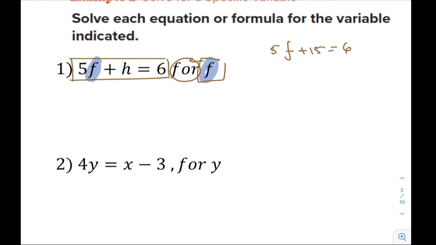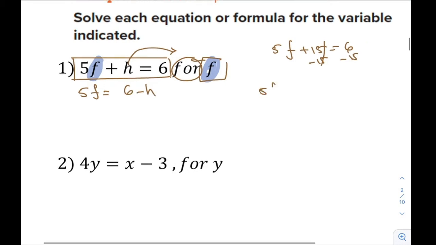So imagine that this is the only variable we have and others are constants or numbers. Like 5f plus 15 equals 6. What is the first thing you were doing? You were subtracting the 15 from both sides. We will do the same thing here, considering the h as our non-variable side. So we will take this h to the other side, and it becomes 5f is equal to 6 minus h. Or others can write 5f is equal to minus h plus 6. It's okay as well.